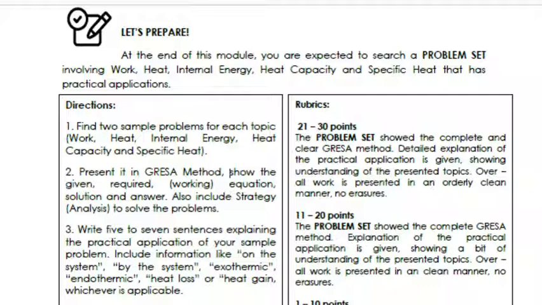And then you may use the last page of this module or write it in a separate paper, or you may have it printed. And lastly, practice orderliness, cleanliness, and avoid erasures. Again, still target the highest possible score, which is 30 points.